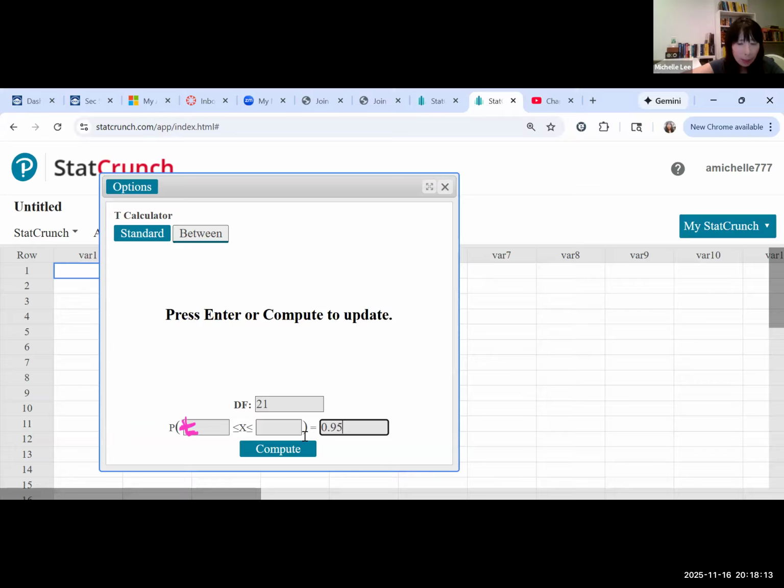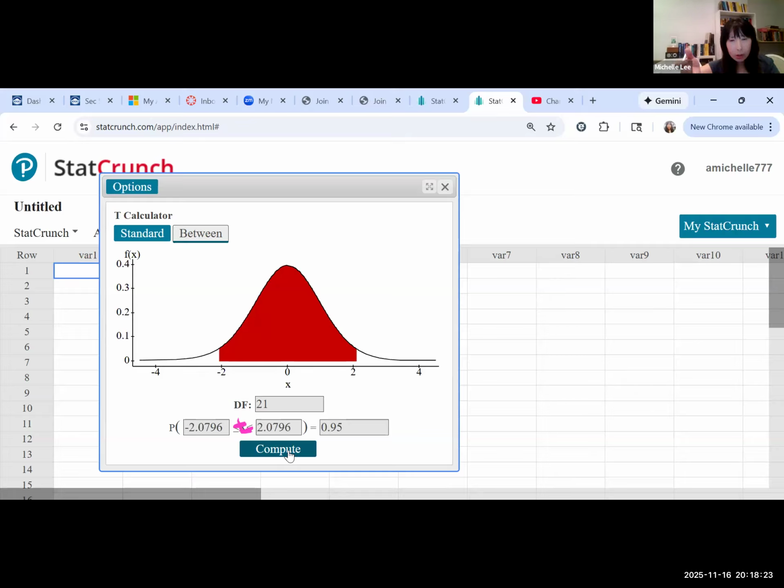And then this will be T, right? Then compute. Look. So we are using only the positive part. Oh, that's why they were using 4 decimal places, because they give us 4, right?